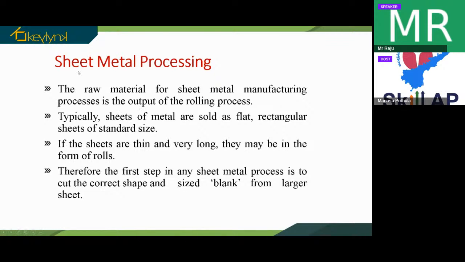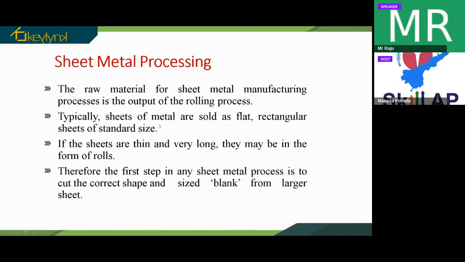The next thing is sheet metal processing. The raw material for the sheet metal manufacturing process is the output of the rolling process. The sheet metal is formed from the molten metal, then rolled in between the rollers and made into thin sheets, and the resulting product is the sheet metal.